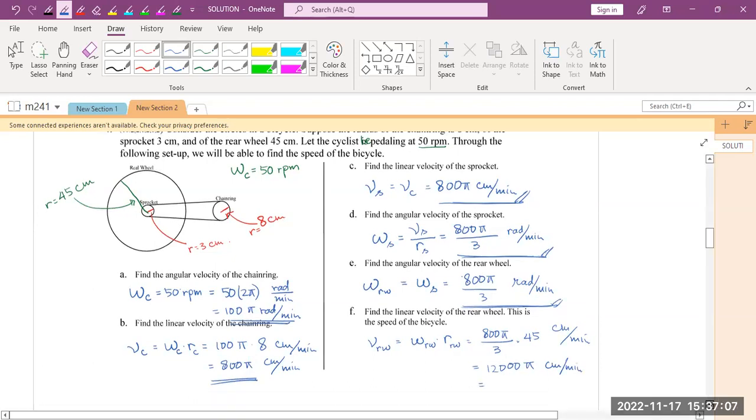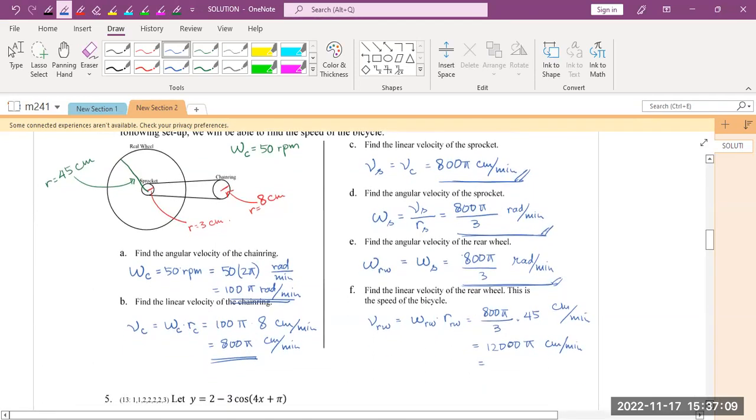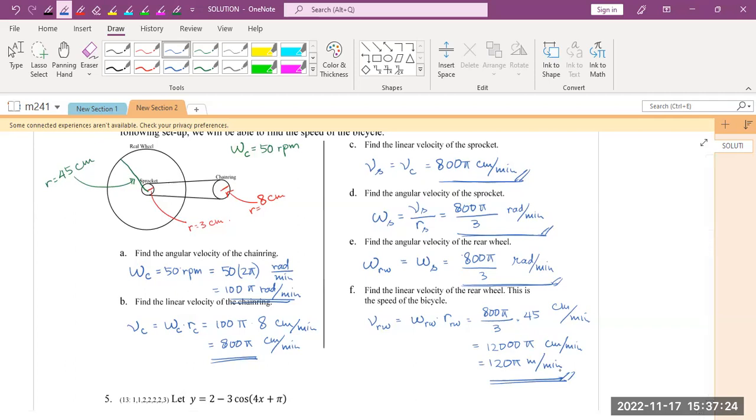If we convert this to meters, that will be 120 pi meters per minute. You can just leave it in centimeters per minute if you want. But we usually measure speed in meters per minute, kilometers per hour, or miles per hour. I'm happy enough if you can get to here, for example.